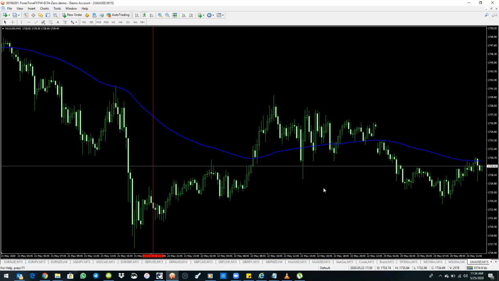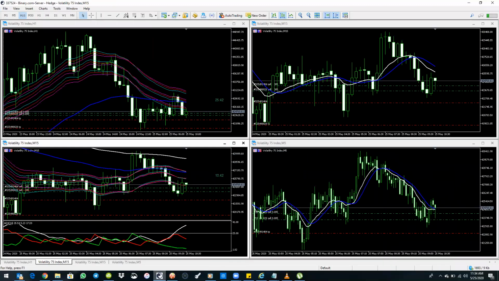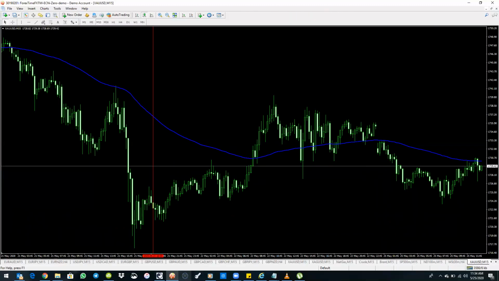Now, in the next class, we're going to be looking at how you can incorporate a set of moving averages together. We're not primarily looking at crossovers now. We're just looking at how to put moving averages together to give us an even more accurate trade entry.